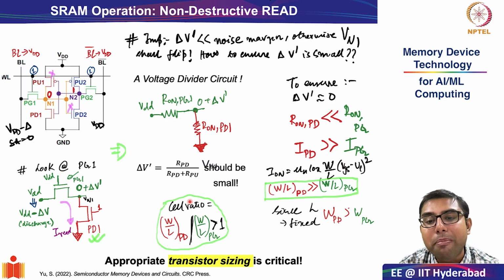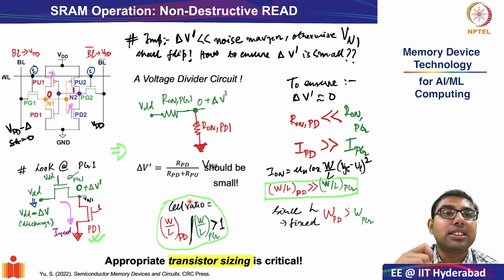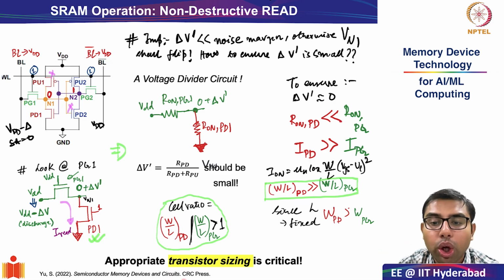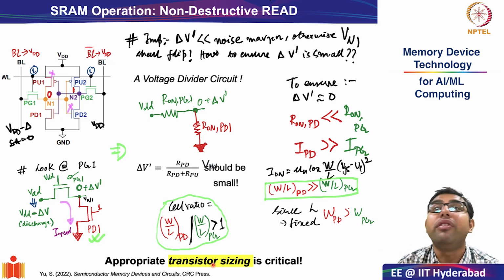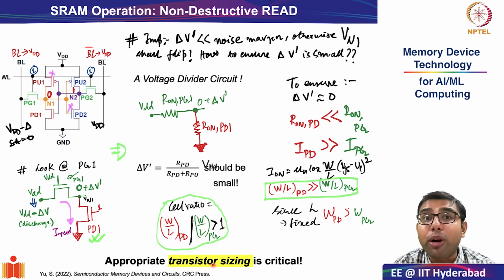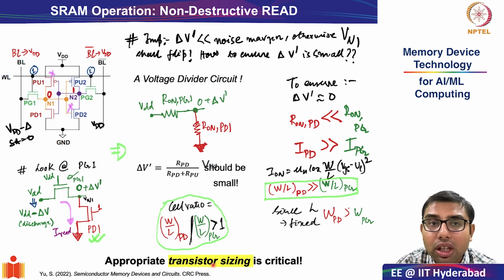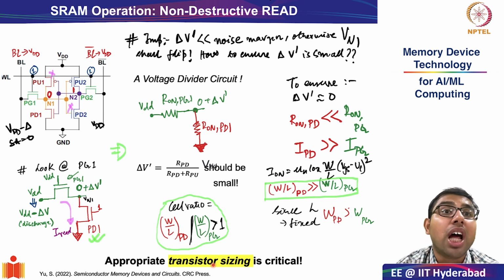But it is very important to have appropriate transistor sizing through the cell ratio for non-destructive read process. Okay, so we have discussed the non-destructive read process in this particular session. In the next session, we will see how read happens dynamically through read timing diagrams. Let us meet for the next session.